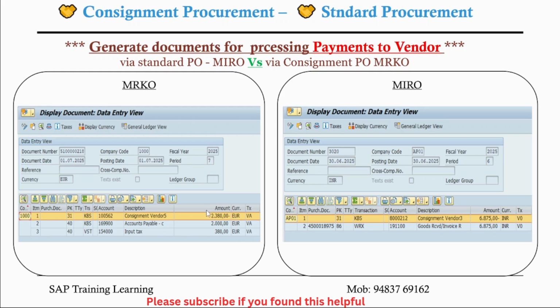So whenever your accounts payable department sees this vendor account, it will be on the negative credit side, which means you are liable to pay this much amount to your vendor for consuming the consignment stock. Here for receiving the stock, here for consuming the stock. That's why it is a settlement document. This is an invoice verification. Clear, right?